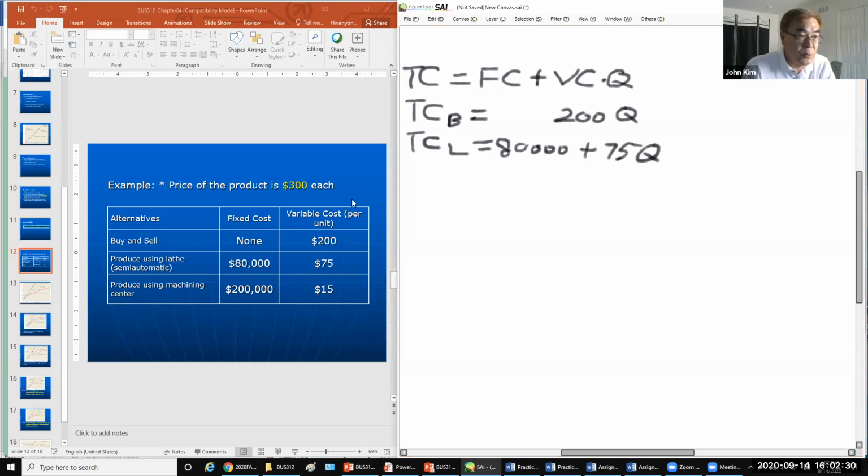And then last one, TC, M, machine center, equals this one, fixed cost $200,000 plus 15Q.